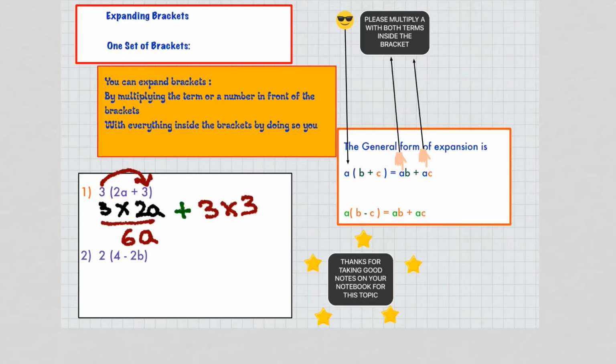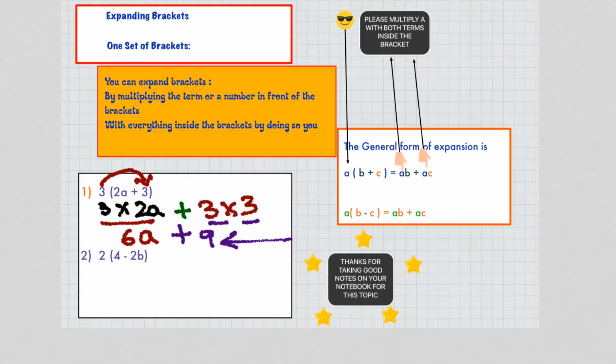Numbers, we multiply numbers with numbers: 3 times 2 is 6, and then a as it is. Then we write the plus sign, and for the second one, 3 times 3 is 9. So our answer would be 6a plus 9.